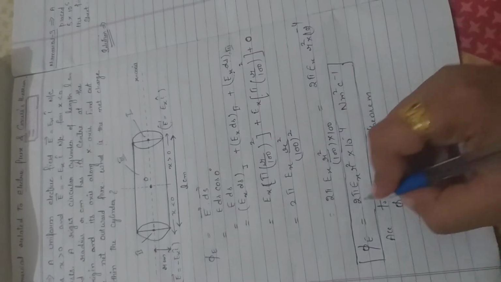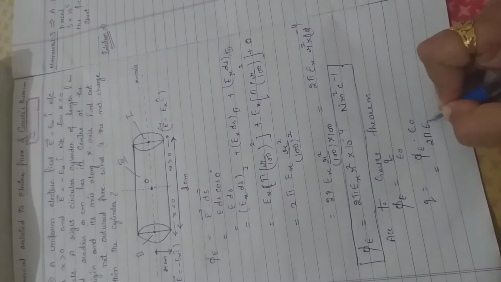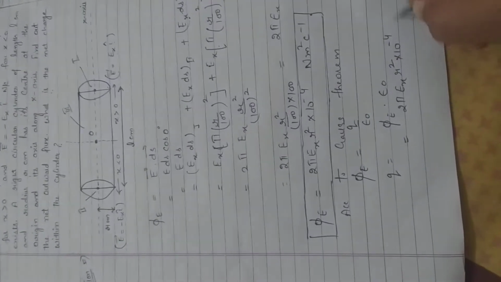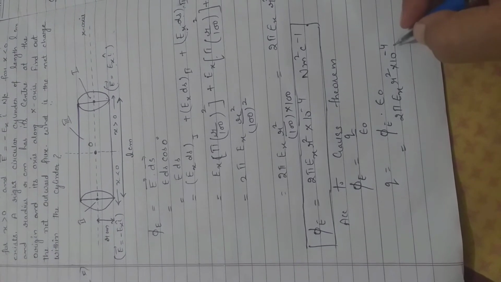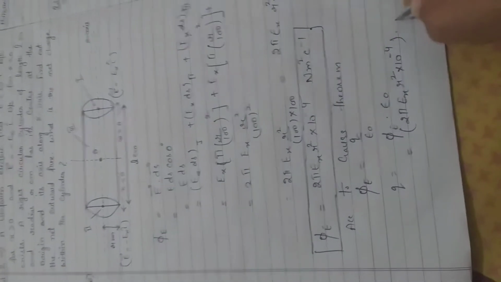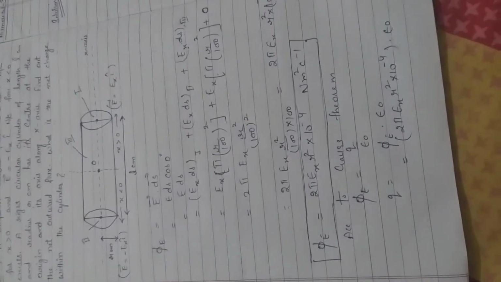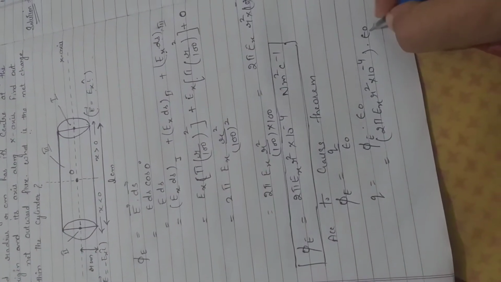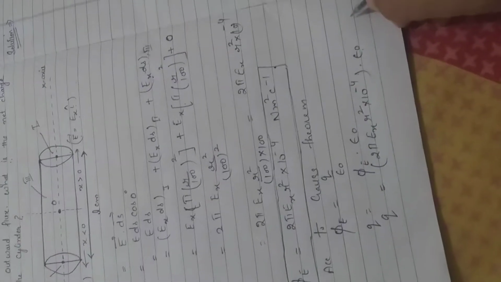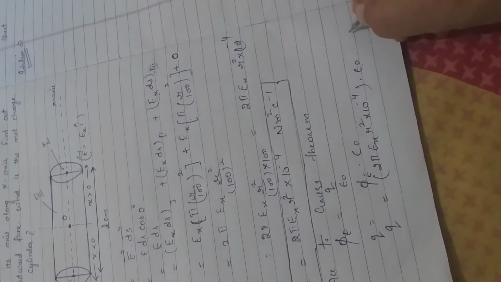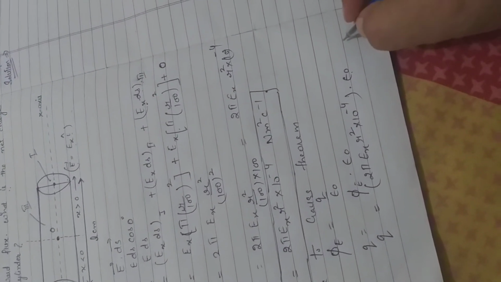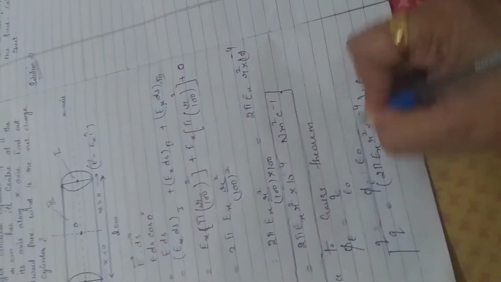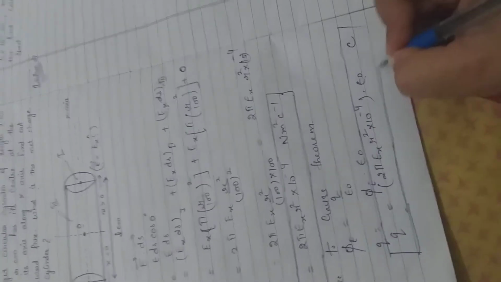Put here the values: 2 pi Ex r square into 10 raised to power minus 4 and epsilon naught. You can put the value of epsilon naught, or you can leave it as it is. The unit for the charge is coulomb. So this is our second answer. Clear, students?